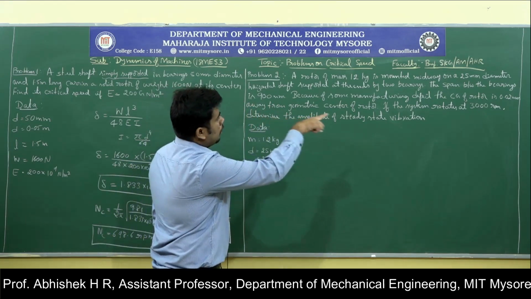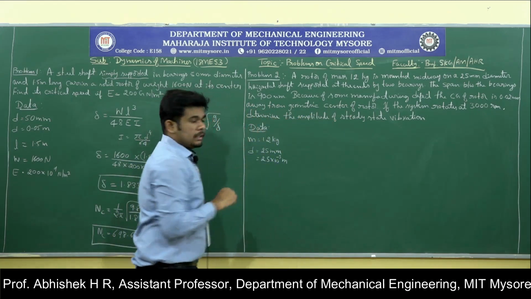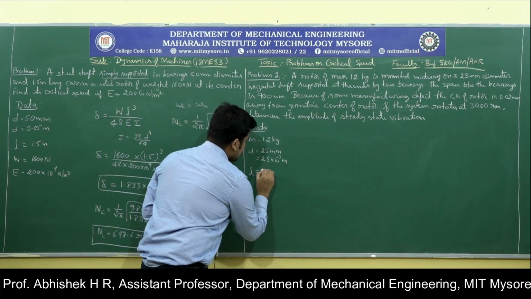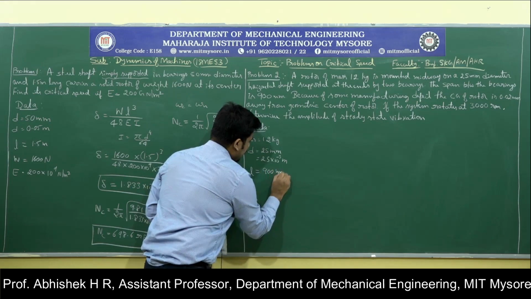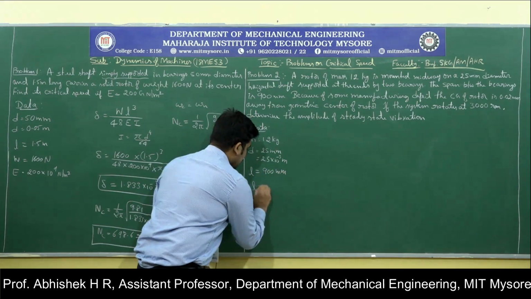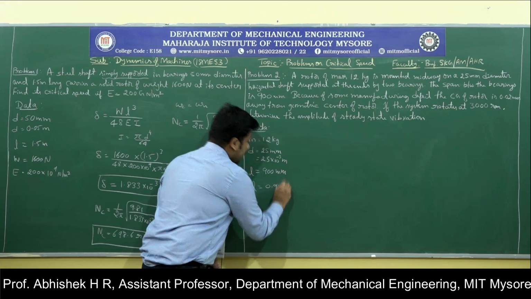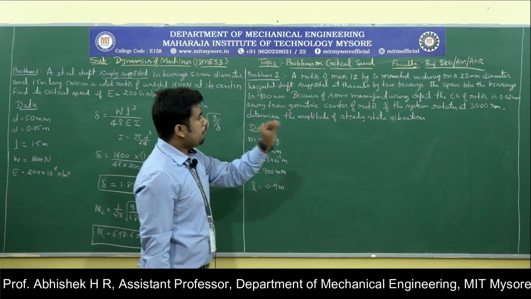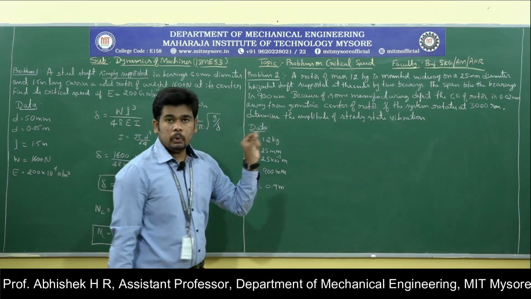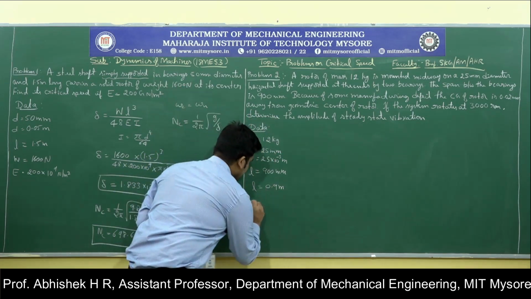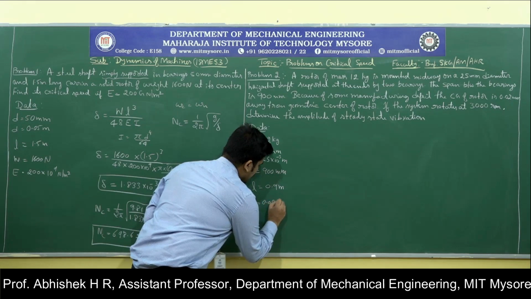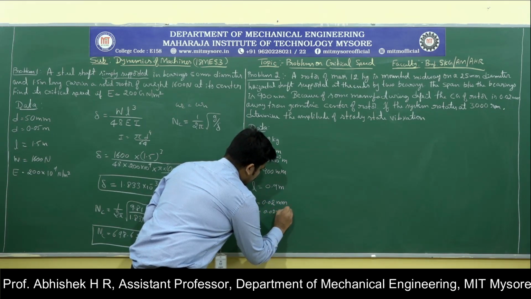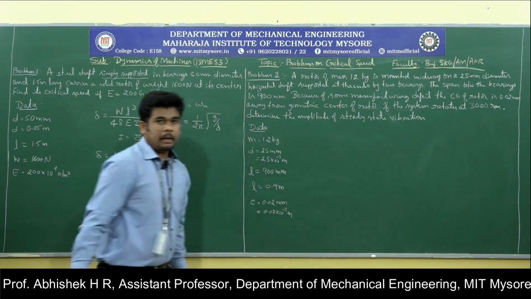Then the span between the bearings is 900 mm, so length L is equal to 0.9 meter. Because of some manufacturing defect, the CG of the rotor is 0.02 mm, which means small e is 0.02 into 10 to the power of minus 3 meter.